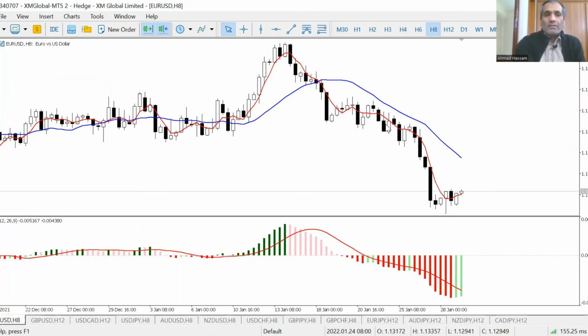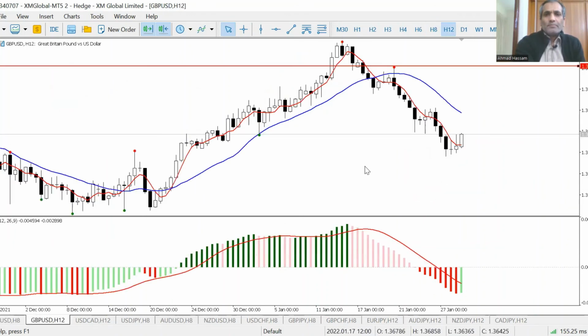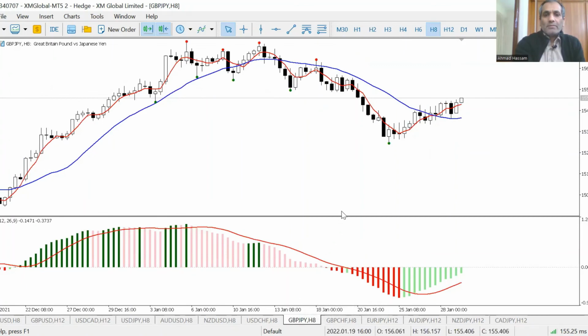For euro dollar also 100 pips is a good target. But on pound dollar you can have a 150 pips target. Pound yen also, you can have 100 pips, 150 pips target.